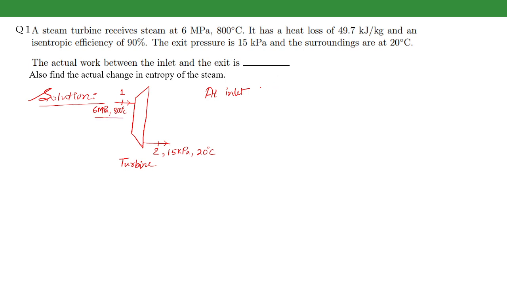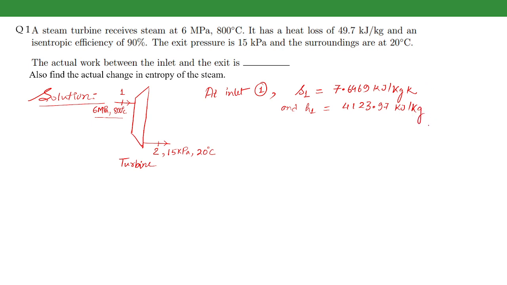So at inlet, corresponding to state point 1, the entropy is 7.6469 kilojoule per kg Kelvin, and the enthalpy is 4123.97 kilojoule per kg.